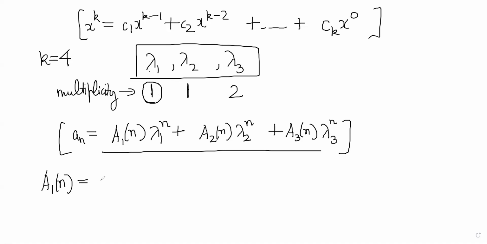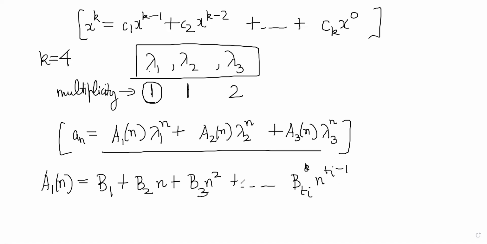The way we construct it is we write B1 plus B2 n plus B3 n square, and so on till BTi n power Ti minus 1, where Ti was the multiplicity. But in this particular case, the multiplicity T1 is simply 1.